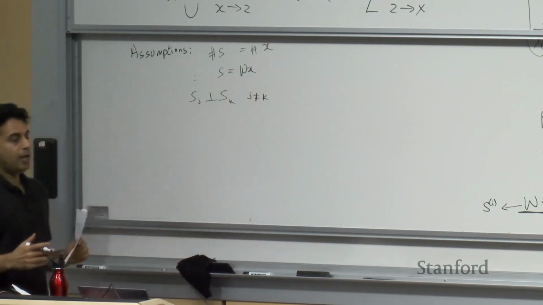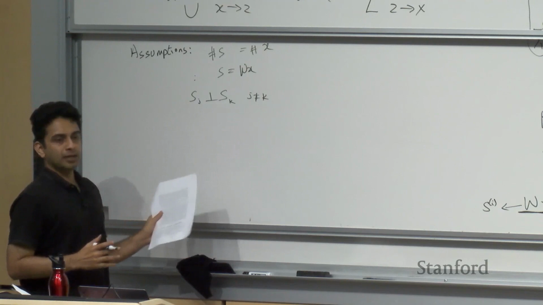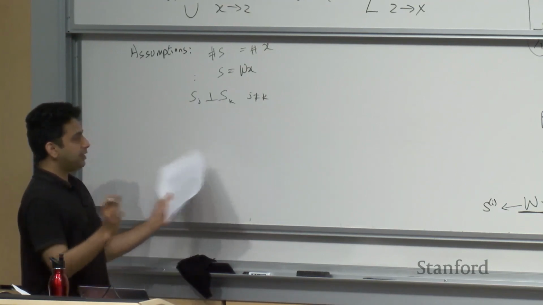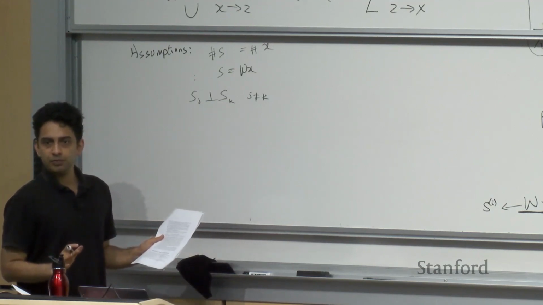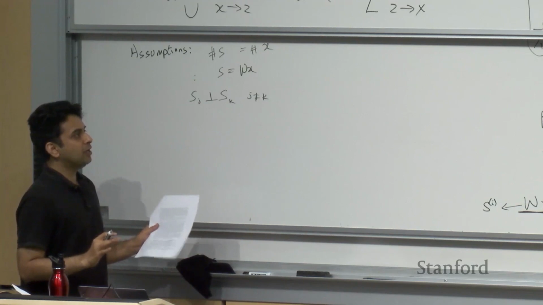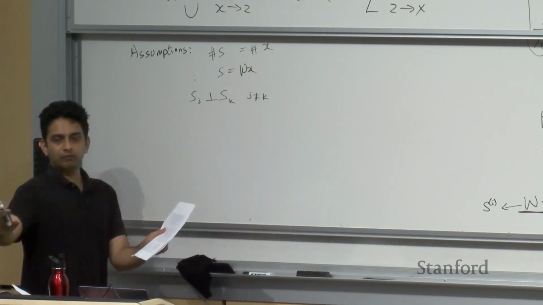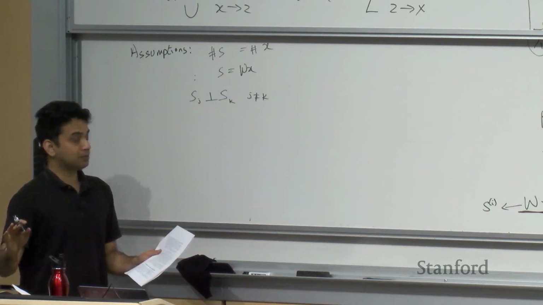What that means is Sj has some kind of a probability distribution, and Sk belongs to another probability distribution, and these two random variables are independent. What that essentially means is we are assuming that what one speaker is saying is independent of what the other speaker is saying, which may not be a valid assumption in reality.